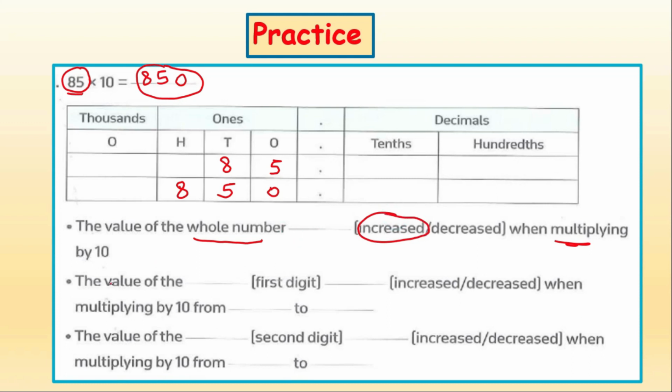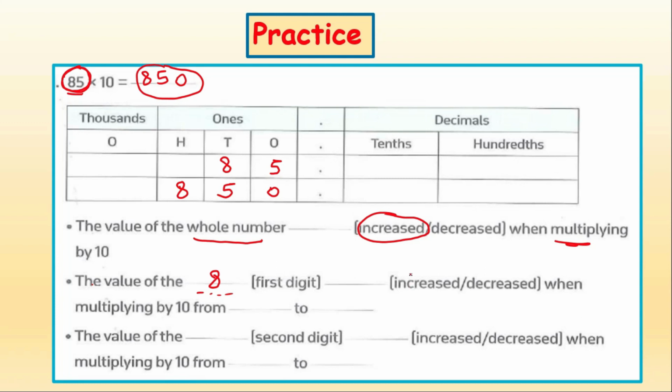Okay, the next question: the value of the first digit. Which is the first digit? 8, which is 80. The number we had was 85, so the first digit is 80, which is 8. Okay, increased or decreased when multiplying?